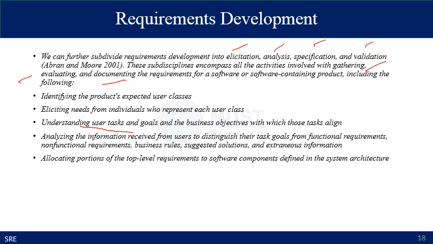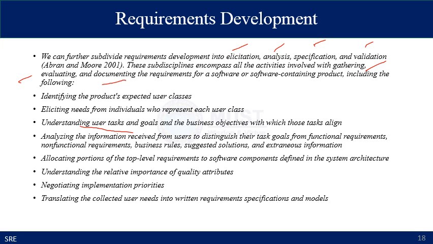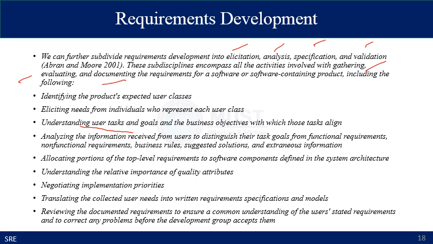And these steps also include the allocation of portions of top-level requirements to the software components defined in the system architecture, and understanding the relative importance of quality attributes. It also involves negotiations that implement priorities of the requirements, that is, which part of the system has preference over the rest of the system.